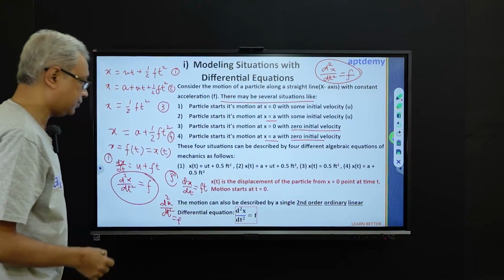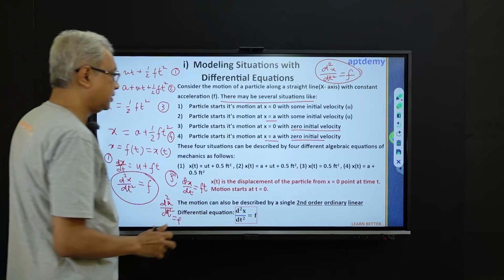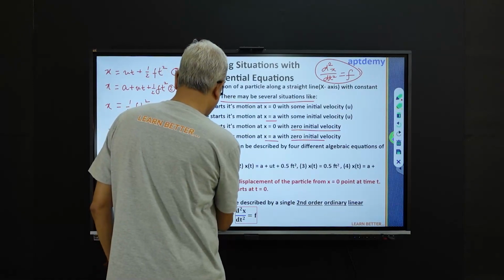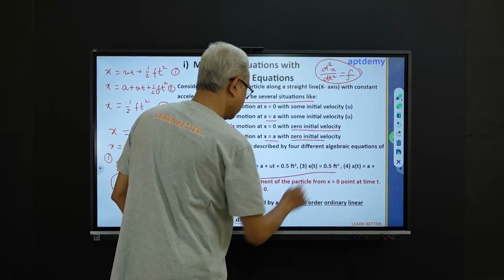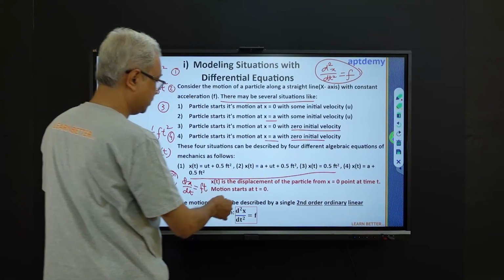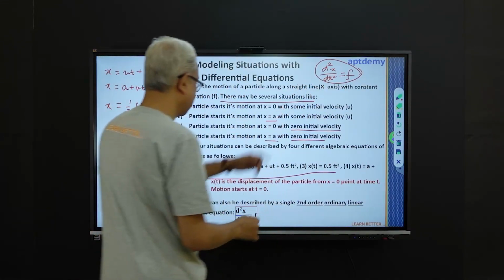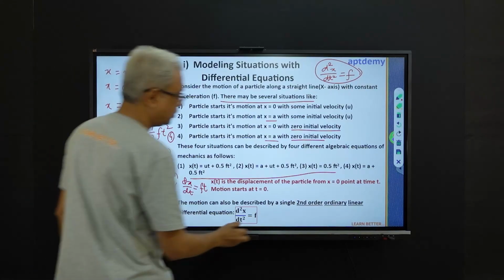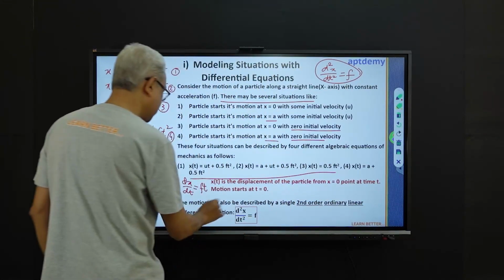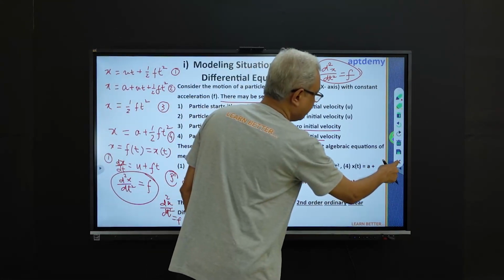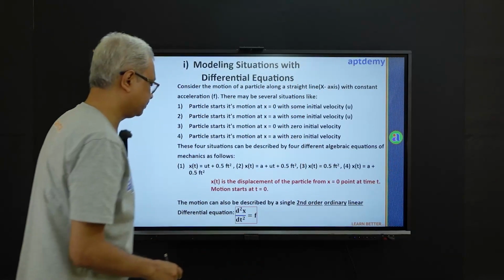Whatever these are, the general solution, the differential equation will be like this. Okay, and this is a second order ordinary linear differential equation.